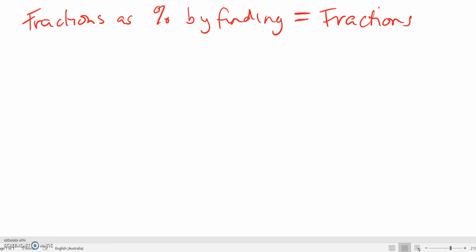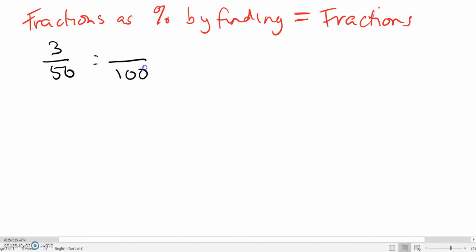So sometimes we can find some really easy ones. Let's say we had 3 over 50. What we want to do is actually find the equivalent fraction with a denominator of 100 all the time, because it makes it really, really simple. So we have to ask ourselves, how do we get from 50 to 100? Now we can only multiply or divide.